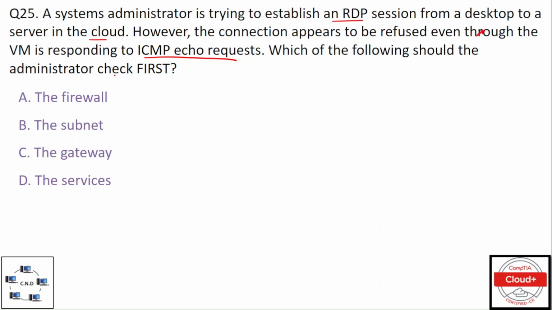Which of the following should the administrator first check? Option A, the firewall. Option B, the subnet. Option C, the gateway. And option D, the services. And the correct option is option A, the firewall.